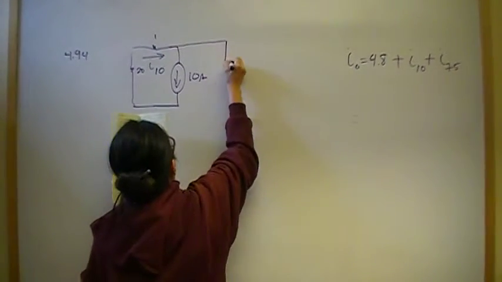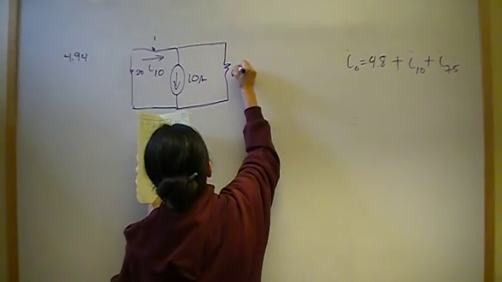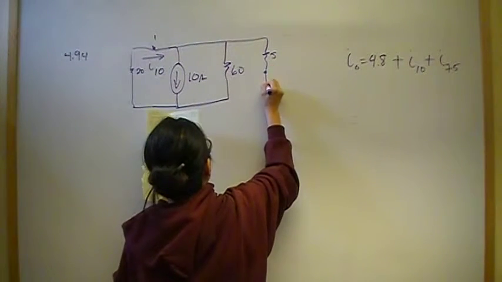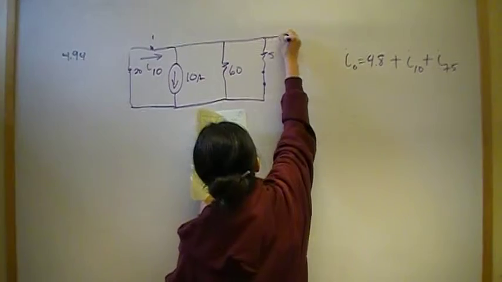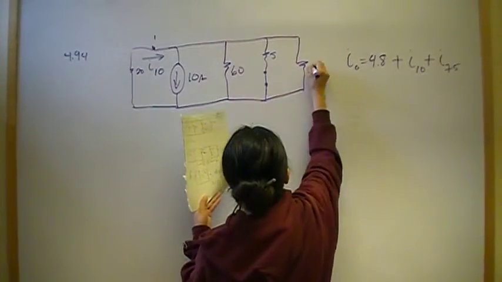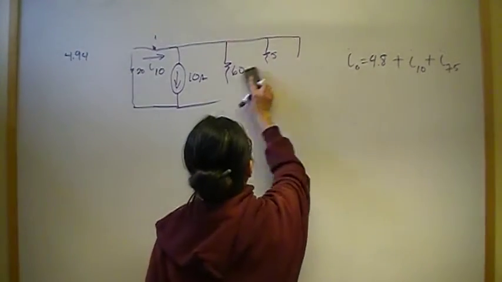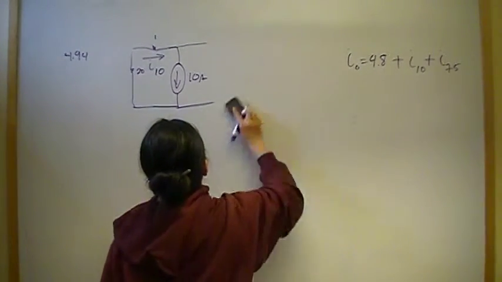And then we have 60, and then we had 5, and we're going to short out the voltage, and we got 30 here. Again, this is really 4. That's really 4.